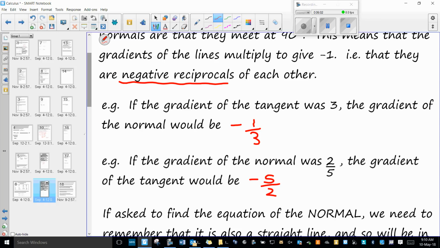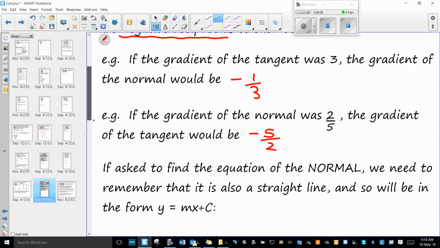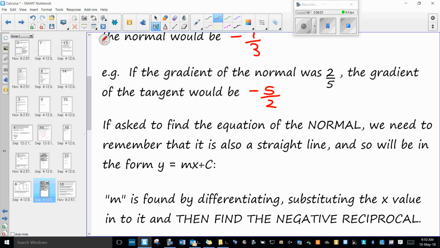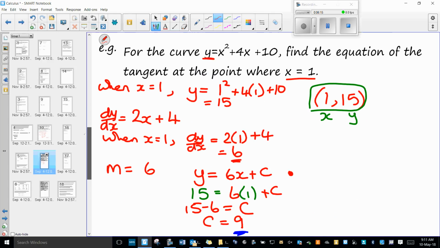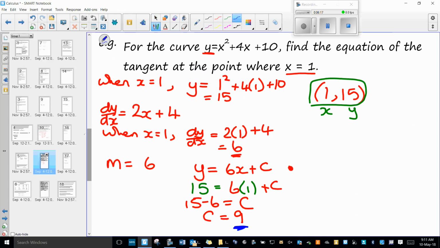So if they've asked you to find the equation of the normal, the only thing you're going to do is at this point here, in that process that we've just been looking at, instead of saying it's going to be y equals 6x plus c, you would say it would be y equals negative 1/6 x plus c. And the rest you then carry on. Okay? So that process is exactly the same. You just have to do one minor extra step.